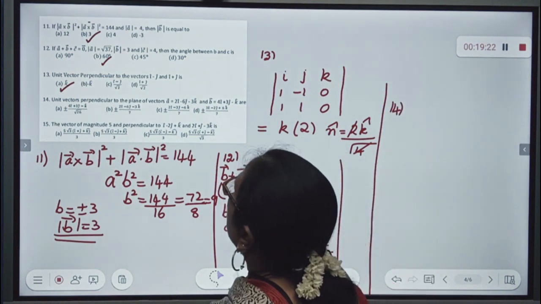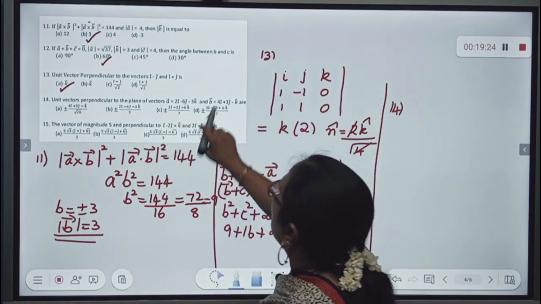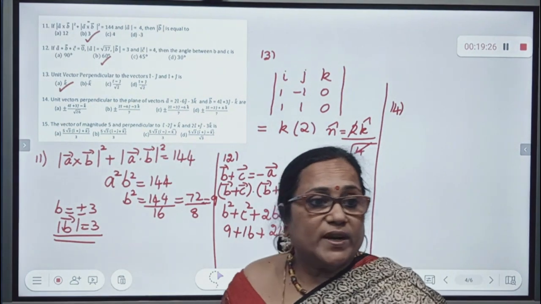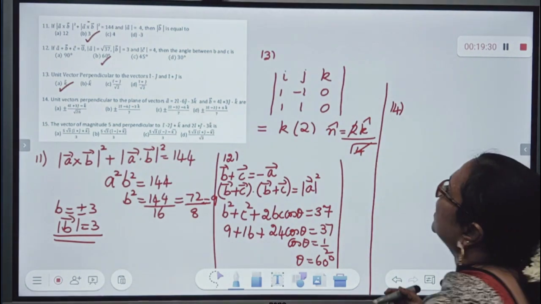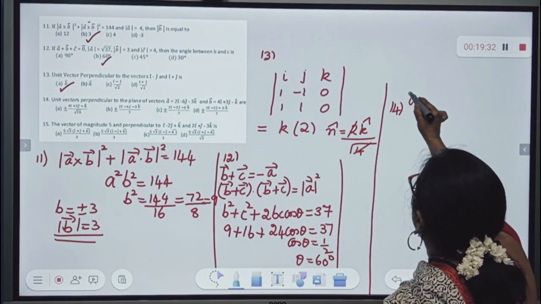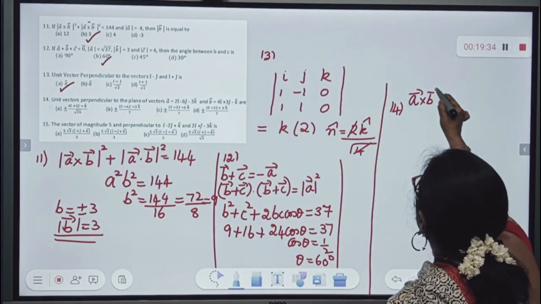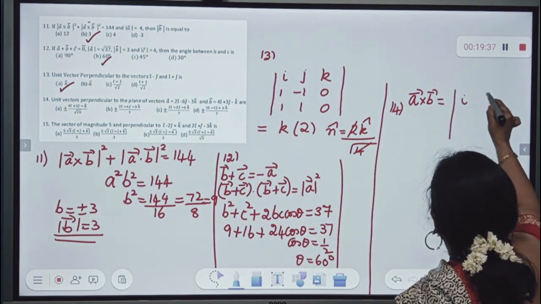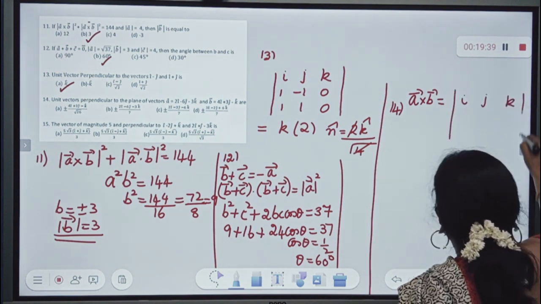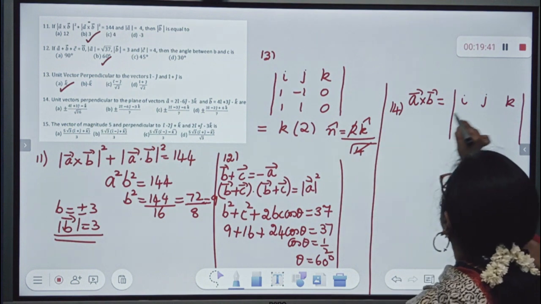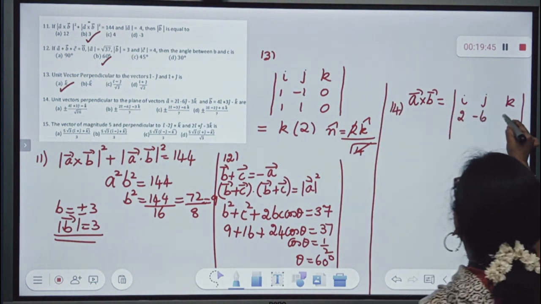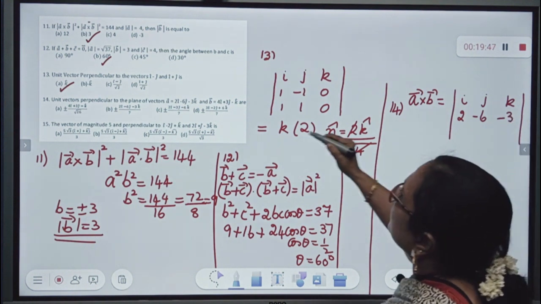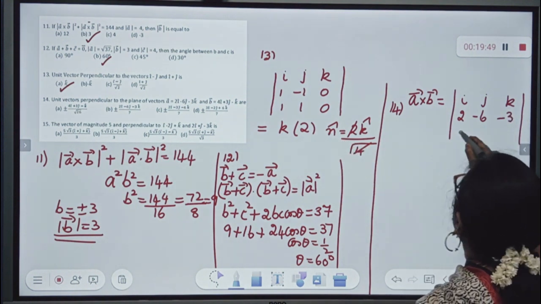You have to look at unit vectors perpendicular to the plane of two given vectors. Whenever two vectors are given, I told you, a vector which is perpendicular to both is A cross B. So first let us compute A cross B, which is i, j, k; 2, minus 6, minus 3; 4, 3, minus 1.